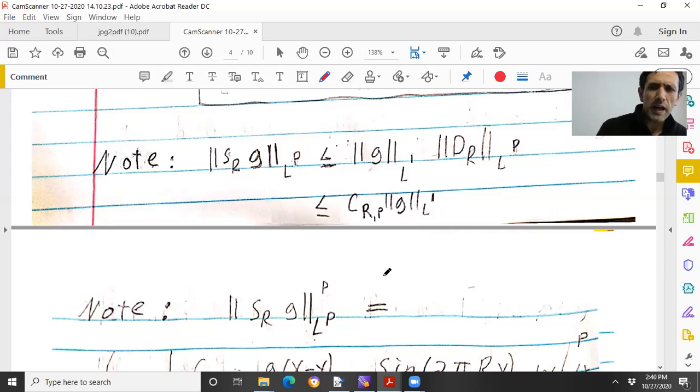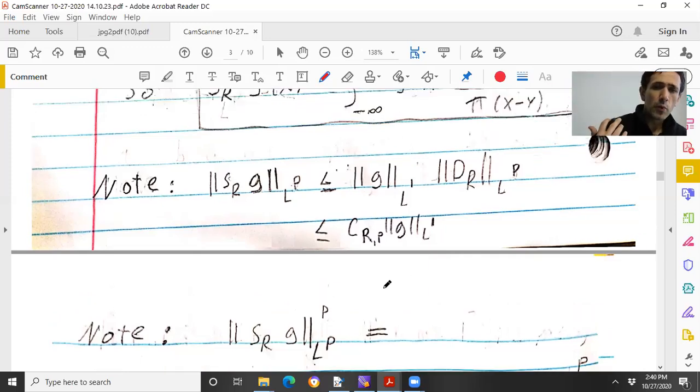So I claim that we can get an L^p bound, an operator norm bound for S_R independent of R.